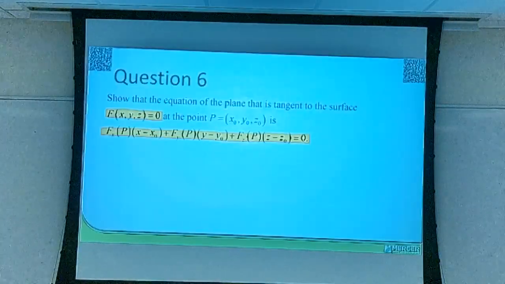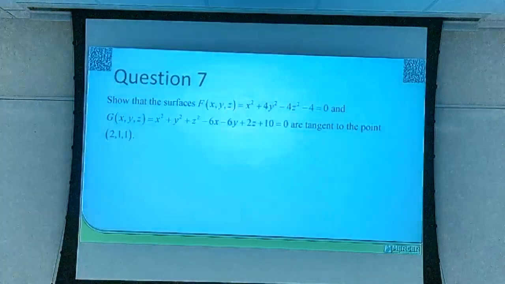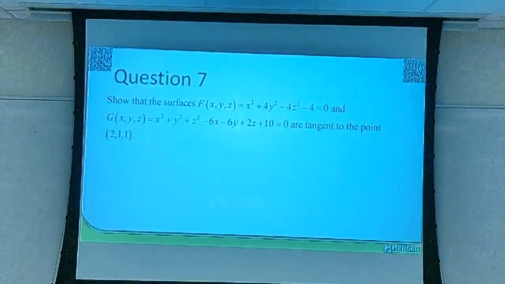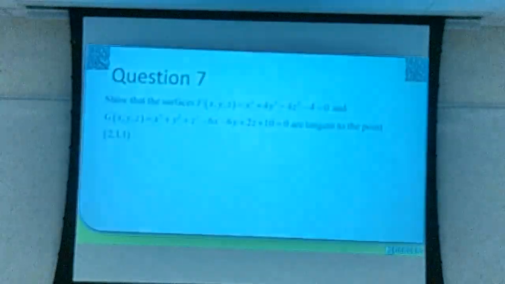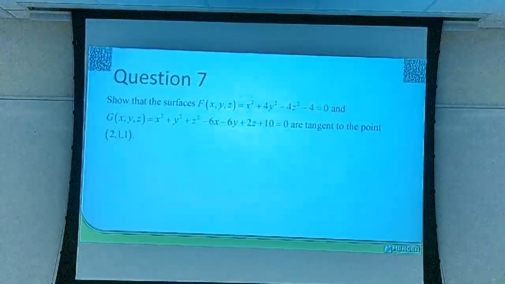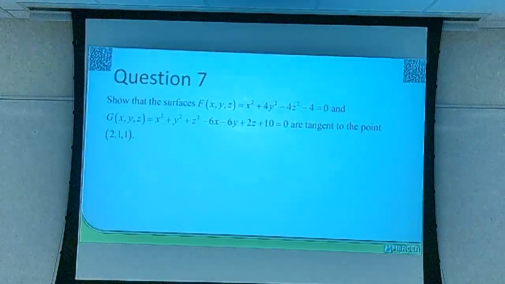I'm going to show that the two surfaces are tangent at the point 2, 1, 1.